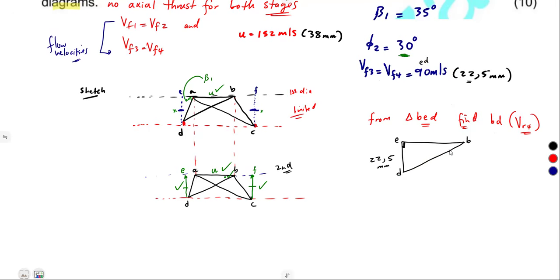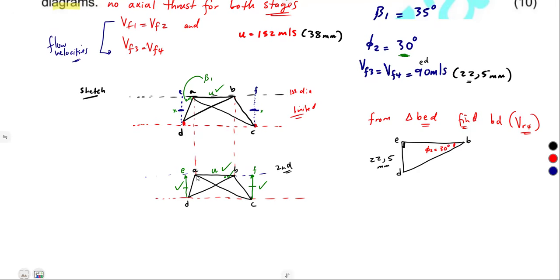In a right-angled triangle, we have the angle at B. The angle at B is this angle phi 2, which is 30 degrees. So we can find BD.